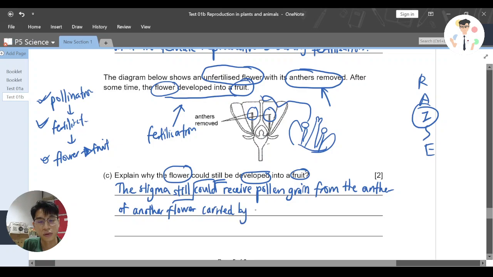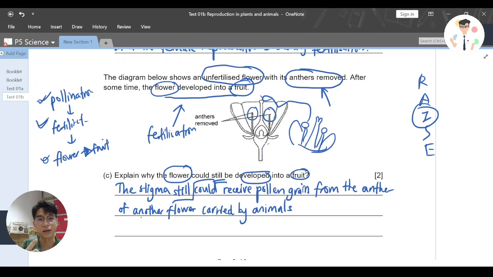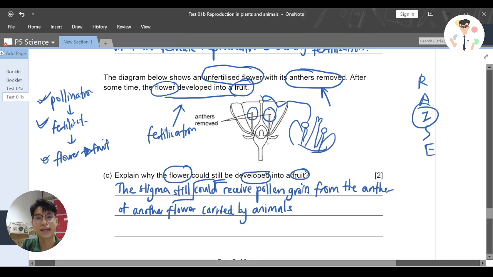Carried by animals. Now, some of you actually wrote a very nice answer. You said almost exactly the same thing, but you said carried by animals and wind. Then it's slightly wrong already. Why? Because this flower is an animal pollinated or insect pollinated flower, so there's no wind that's supposed to be mentioned here. Are you done? No. Again, you must mention what? Fertilization also.